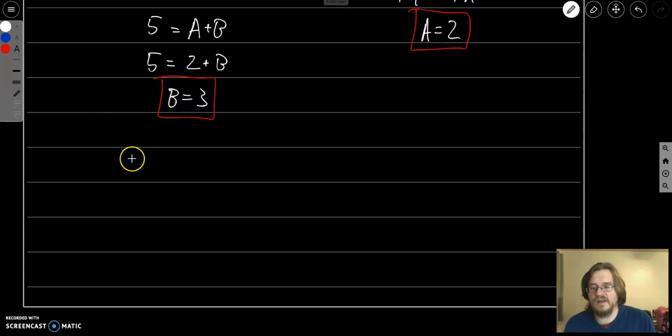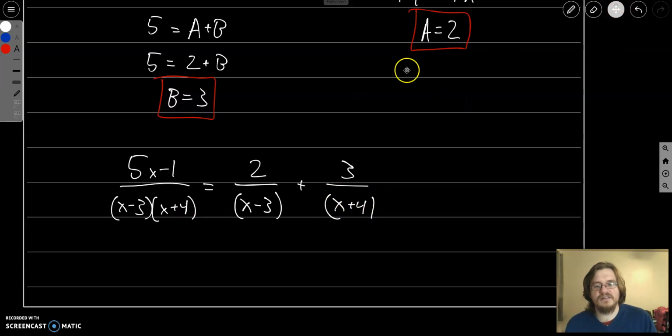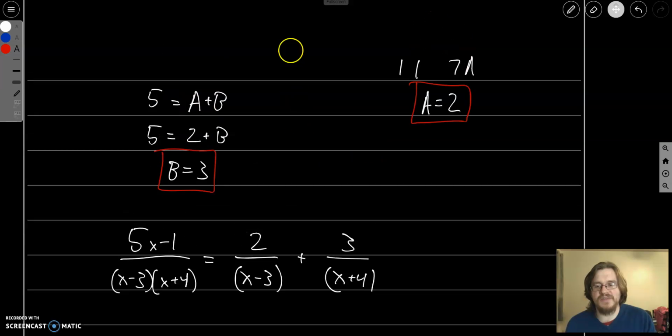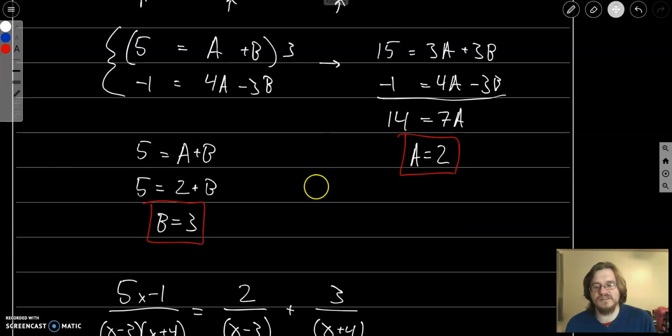We know that 5x minus 1 over x minus 3 times x plus 4 is going to be equal to 2 over x minus 3 plus 3 over x plus 4. As we just plugged in a is 2 and b is 3 into our original equation.